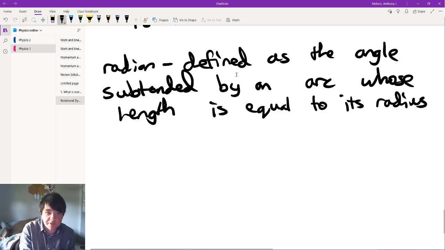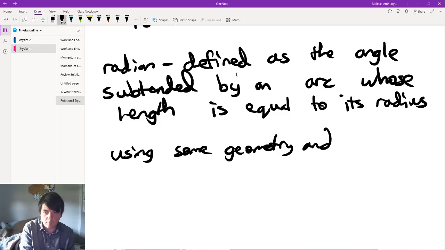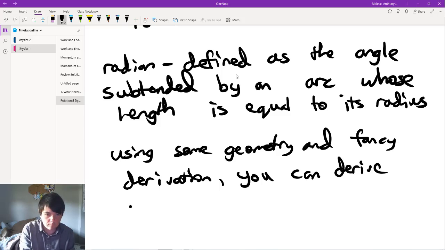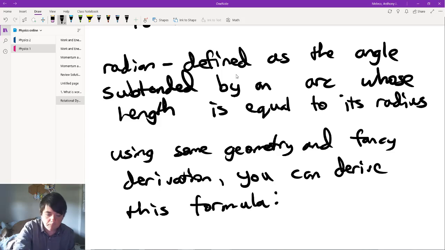If you use geometry and a derivation, it's not that fancy, but I'm not going to do it in this lecture. I believe your book has it. You can derive this formula. Okay.